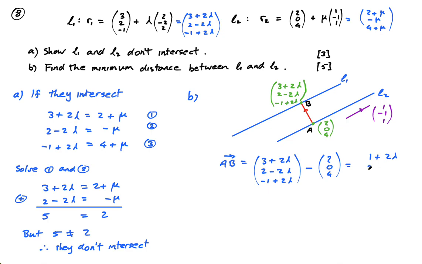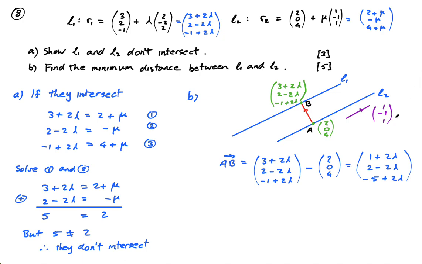Minus 0 is obviously nothing, so 2 - 2λ. And then -1 minus 4 is going to give me -5 + 2λ. So this vector here is AB, and AB is perpendicular to this vector here.